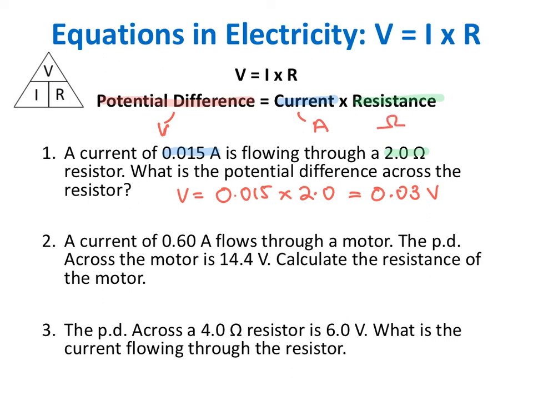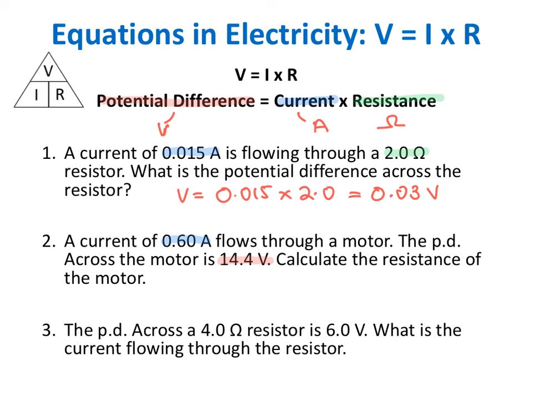Okay. So look at the second question. I am given a current again, so that's an amp, so that's going to be blue. I am given the potential difference, okay, so that's in red, and then I'm asked to work out the resistance.